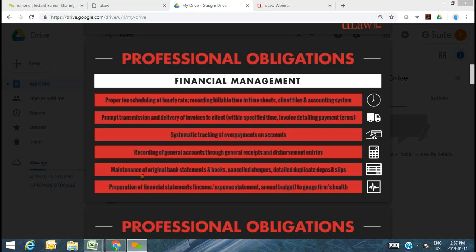But in addition to that, it's important that you have a way or a system to manage and maintain bank statements, canceled checks, and any duplicate deposit slips as well.